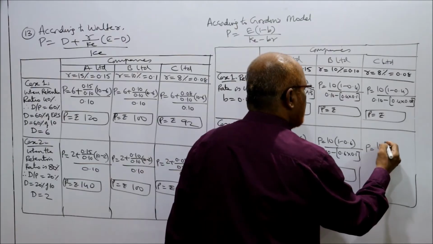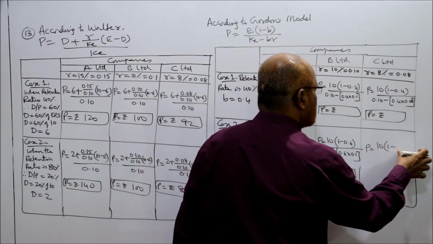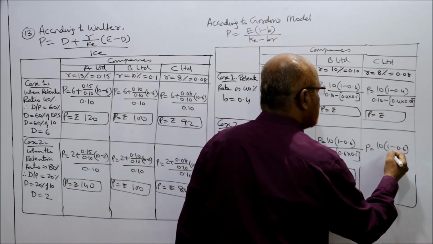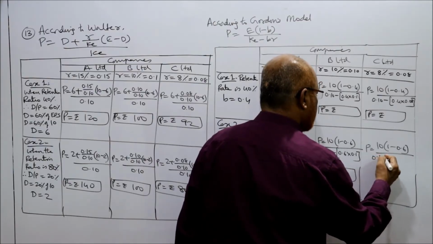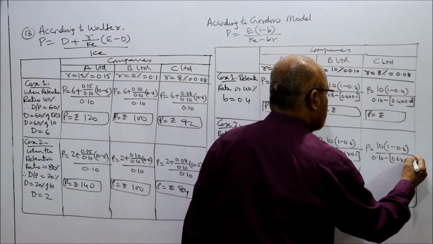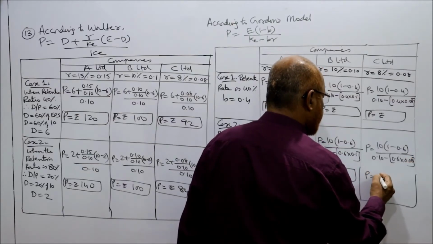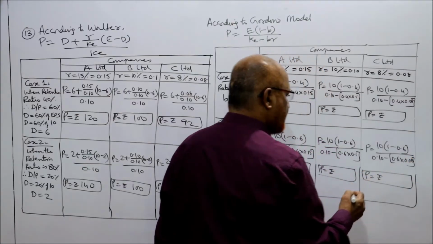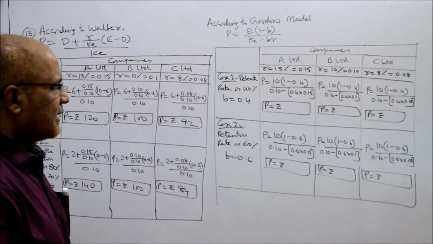Lastly, P is equal to 10 into 0.6 divided by 0.10 minus 0.6 into 0.08. That's it.